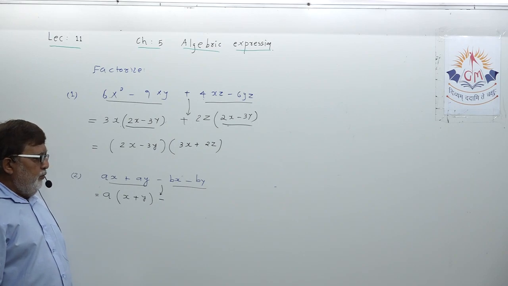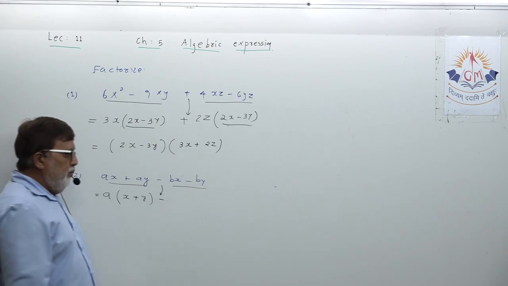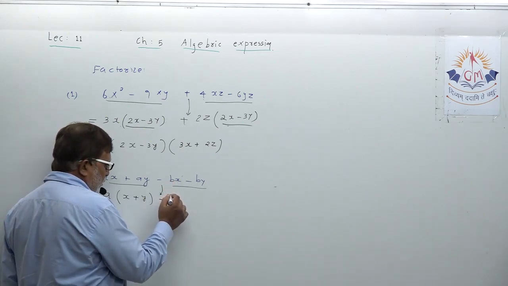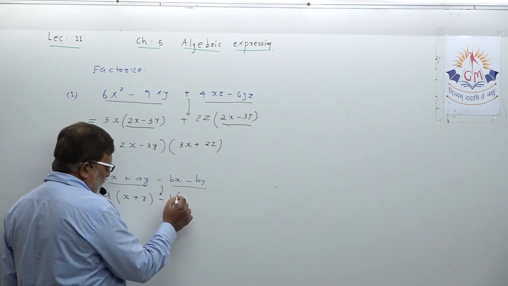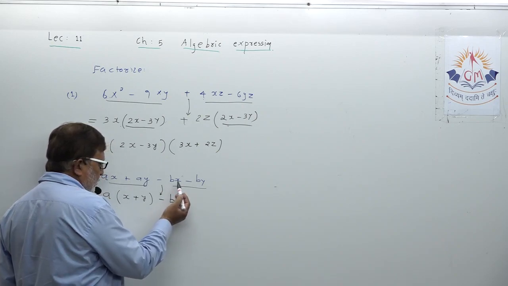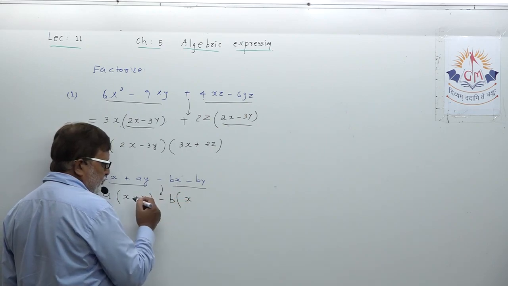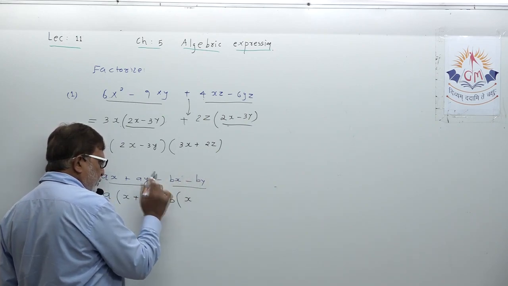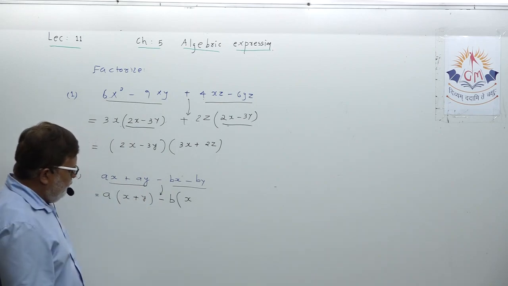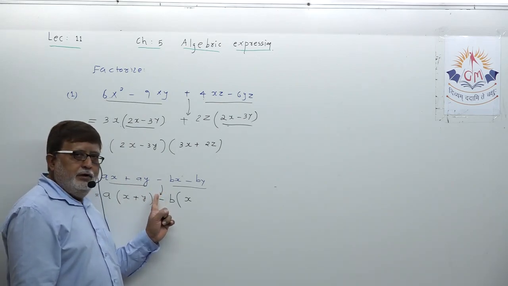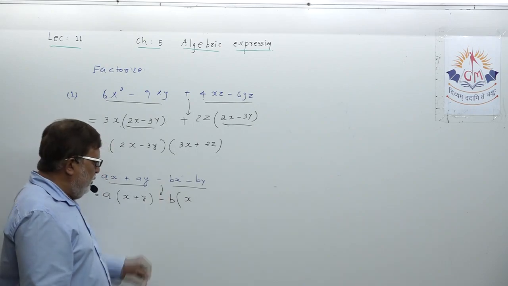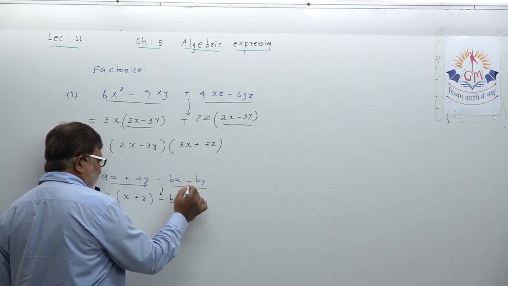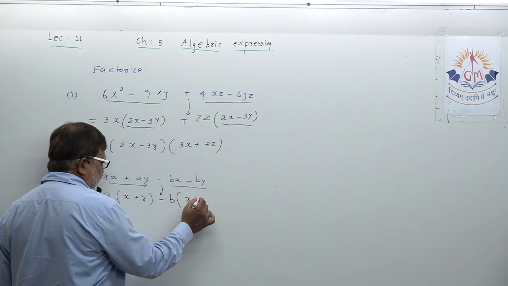Again, there is no question of thinking about the number. Just taking out common, B as common. As B is common, what is left here? X. Here B is common, what is left? Y, but sign change, dear student. That's why intentionally I have taken this example, because minus is common, sign will change, minus minus plus y.